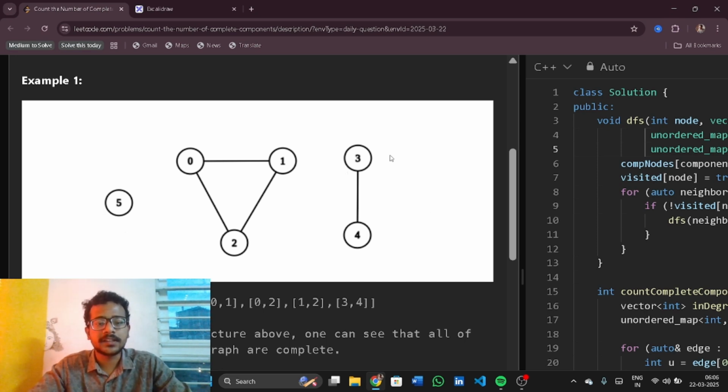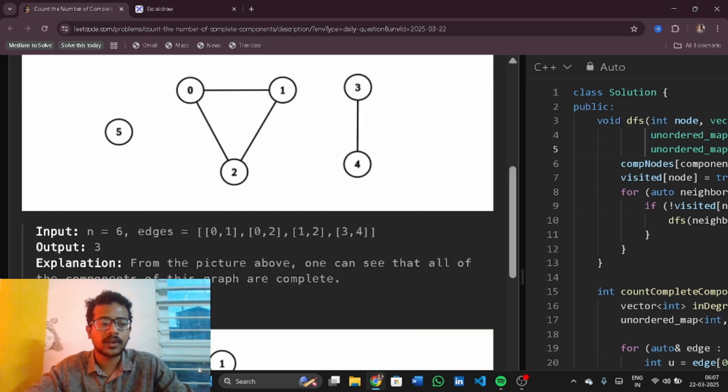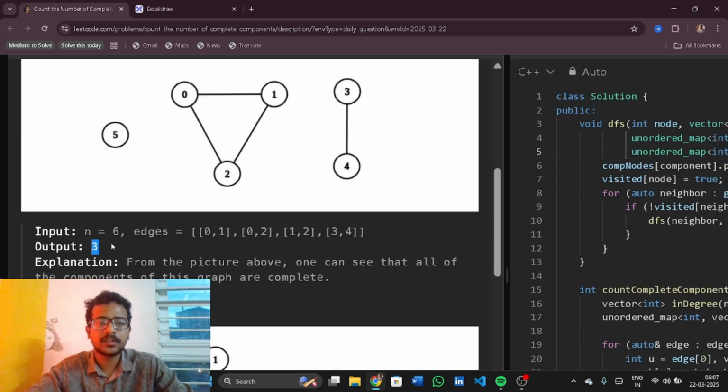Now let us see 3 and 4. 3 has an edge with all the other vertices in that component, and 4 has an edge with all the other vertices in the same component, which is 3. So the number of complete connected components are 1, 2 and 3. Totally we have 3 as the output.